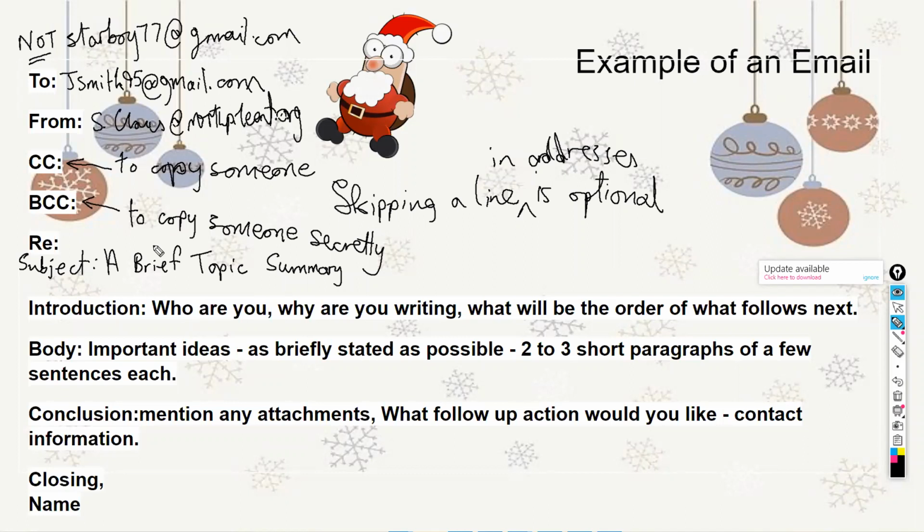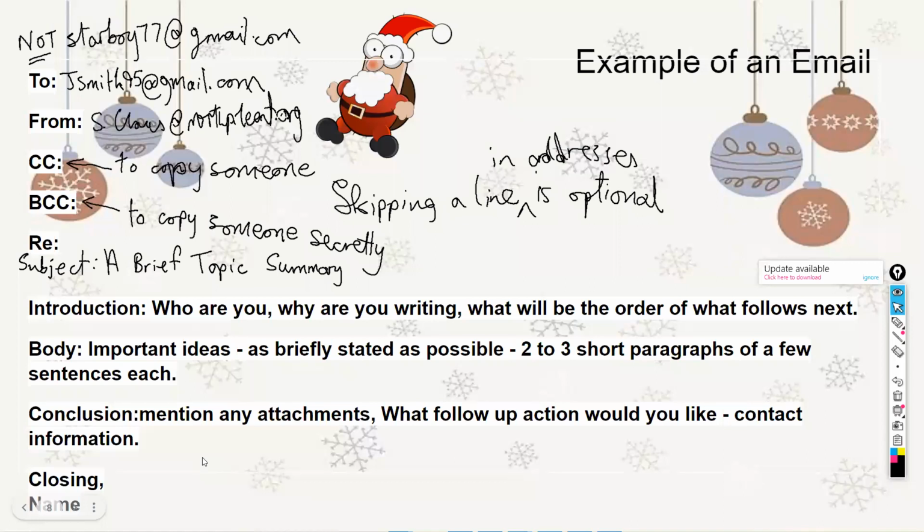Okay, so if you already know what the CC and BCC stand for, then you don't need to write that part down. But just to make note of what you need, right? So if you need a reminder that you have to use a real name. And then more or less the body is the same format as for a letter. Introduction, who you are, why you're writing, what will be the order of what follows next.